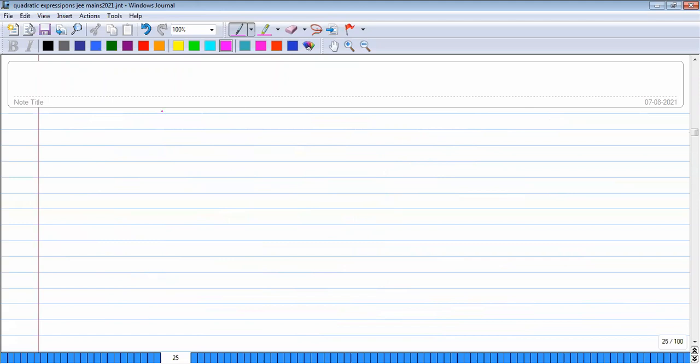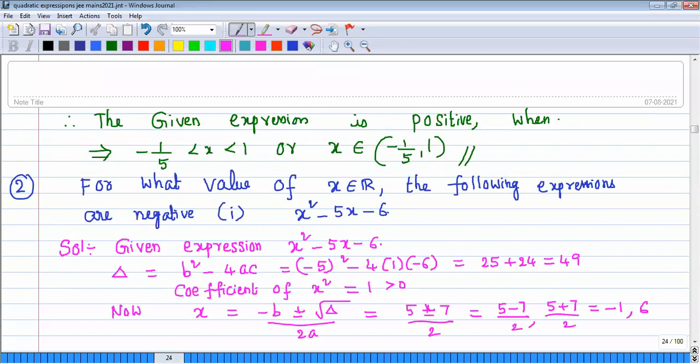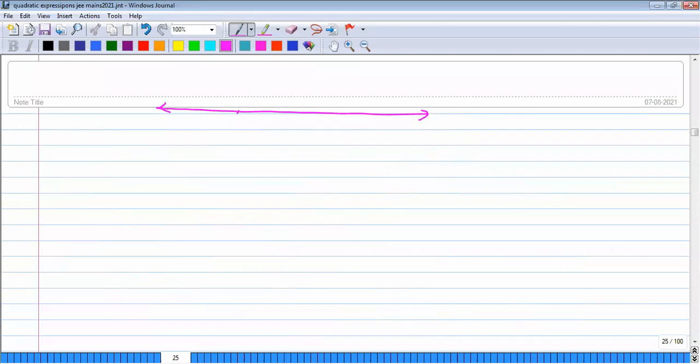Now take the number line and first locate minus 1 and 6. This is alpha, this is beta. X should lie here.